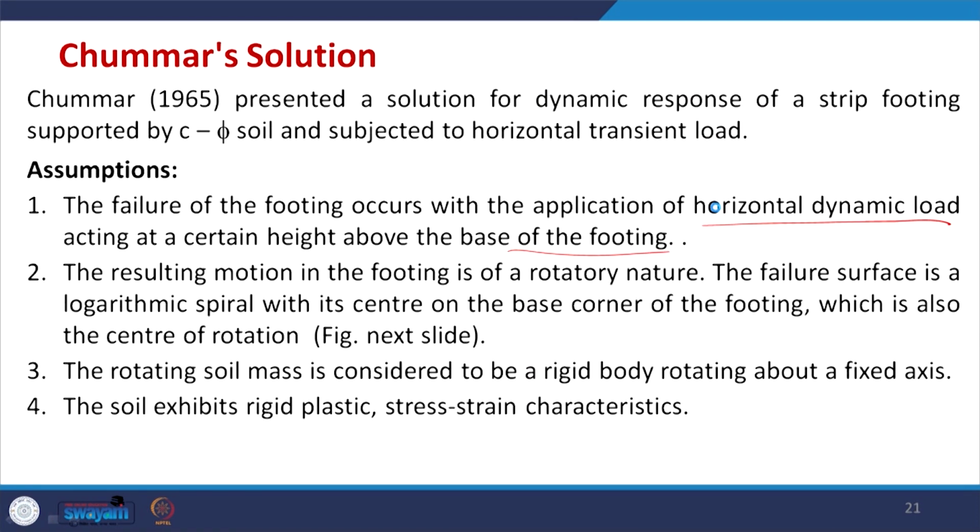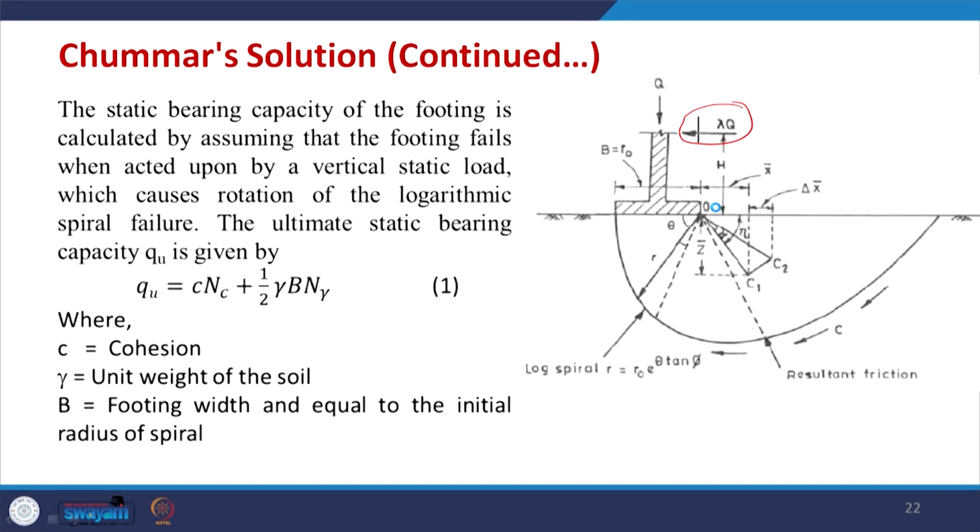Then the resulting moment on the footing is of a rotary nature. The failure surface is a logarithmic spiral with its center at the base corner of the footing, which is also the center of rotation. So, you have this point O, the edge of the footing, and you have a logarithmic spiral given by r equal to r naught e to the power theta tan phi.